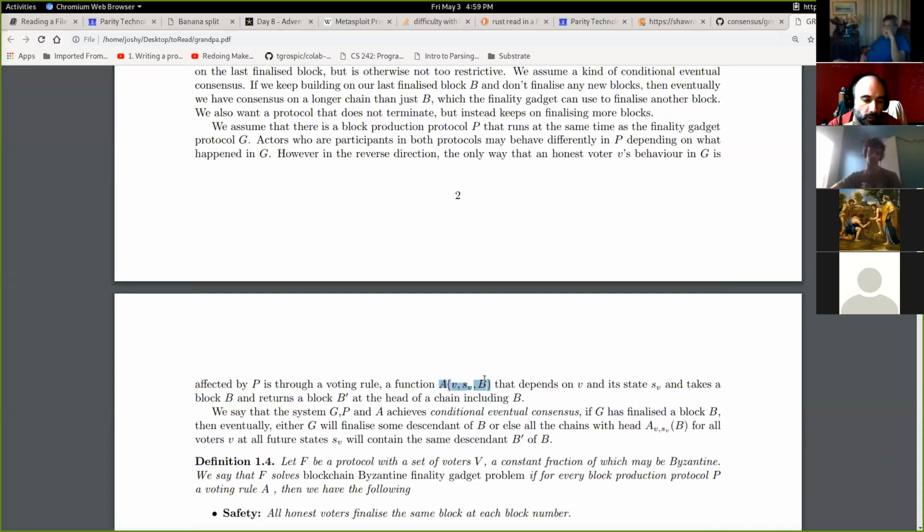I'm wondering why you need an external oracle if you have all the information that you can look at on P. So A is not dependent on P. Affected by P is the true voting rule. Oh, block B is on P, right? Yeah, but that's it.